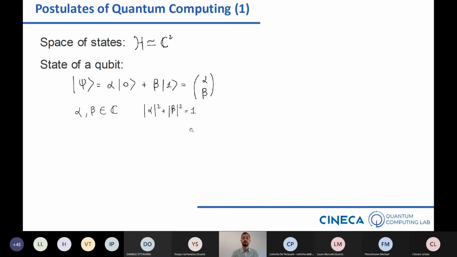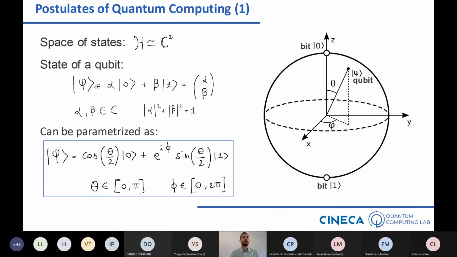You can also rewrite this state using theta and phi, which belong to these two intervals. You can easily check that if you take the modulus square of these two and sum them, you get 1, because this phase goes away and cosine squared plus sine squared is 1.